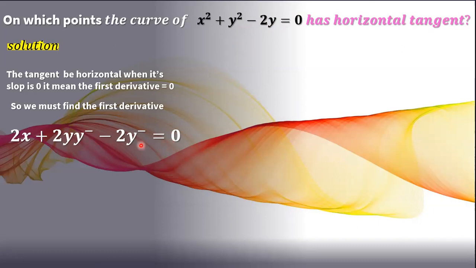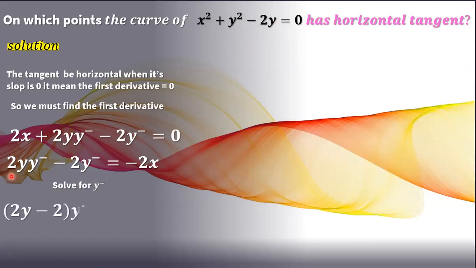Now we have to solve for y prime, the first derivative. So we will add negative 2x to the other side. We will get 2y y prime minus 2y prime equal negative 2x. Now we will take y prime common factor from this side.